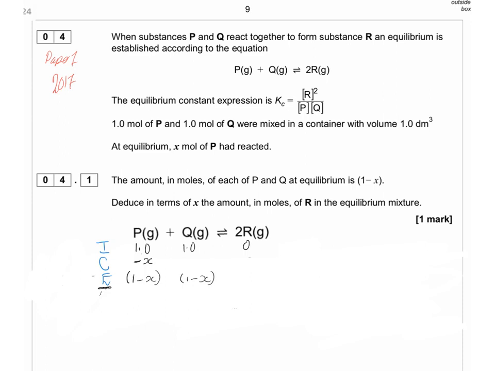It's dropped by X. So the change is minus X moles, and the change therefore in Q must have been minus X moles. And therefore, the amount of R that's formed is plus, but not X, 2X, because the ratio is 1Q to 2R, 1P to 2R, so therefore 2X moles of R were formed in the equilibrium mixture.